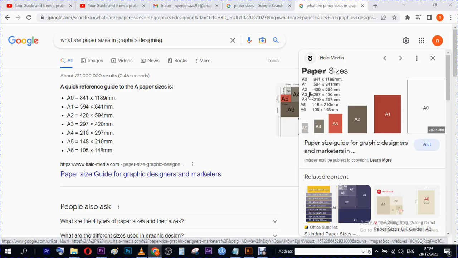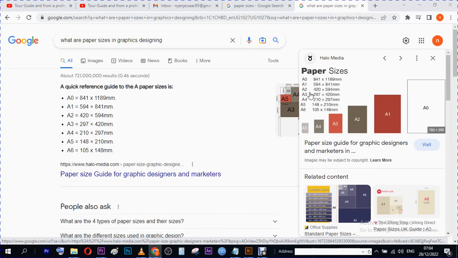So if you put a business card on an A4, that is incredibly large, it may turn into being a poster. That is why we have to understand different paper sizes and paper orientations before we go into designing inside the software.